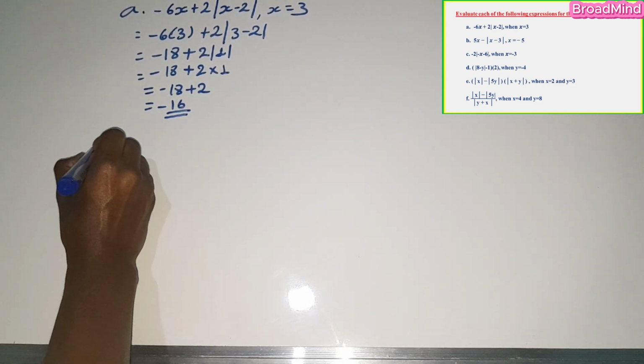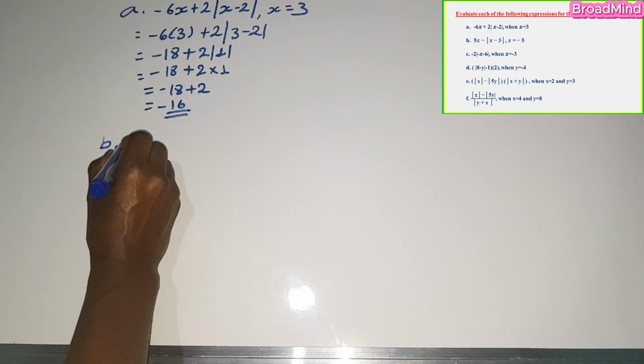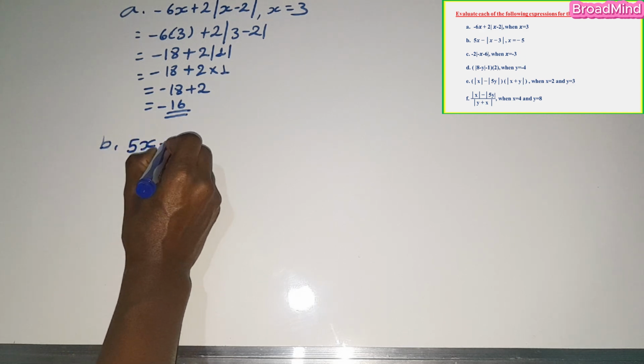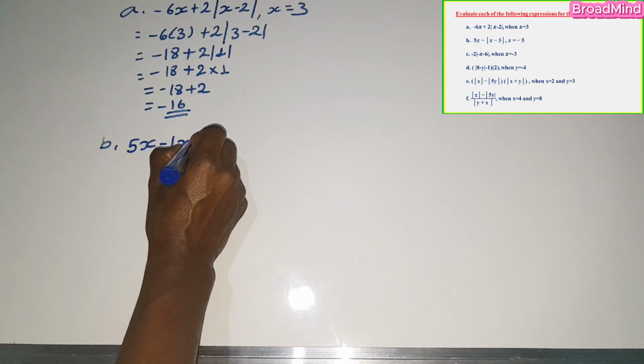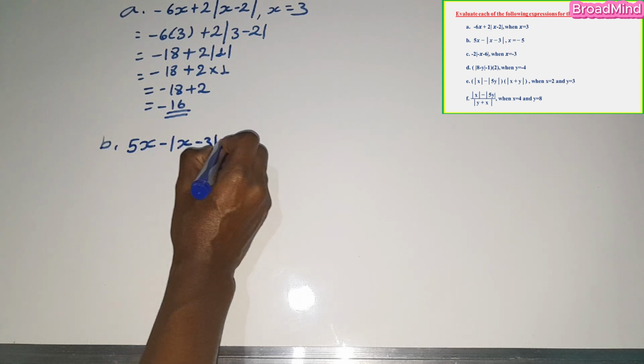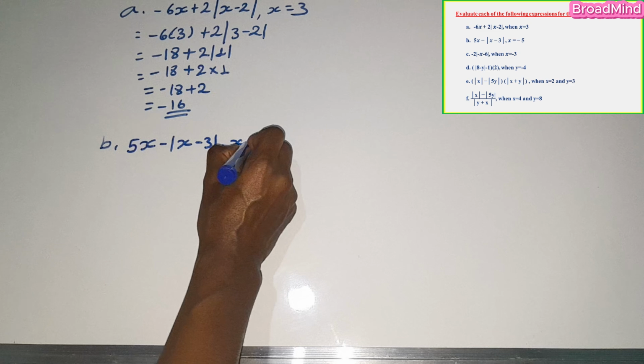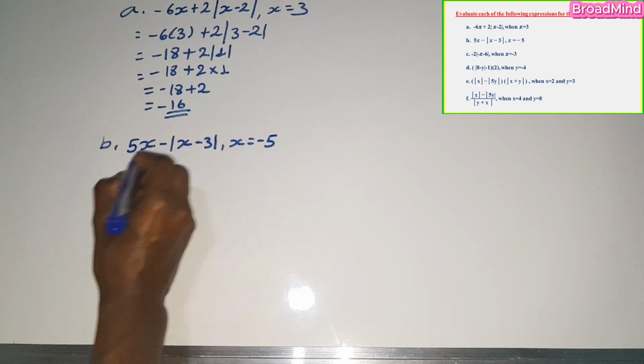Now B. 5x minus absolute value of x minus 3, when x is equal to negative 5.